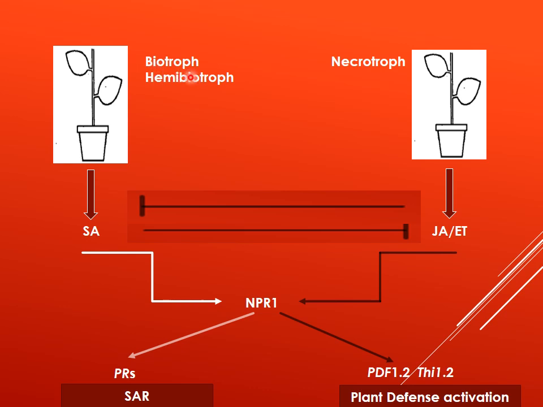As I mentioned, in its life the plant is not only attacked by biotrophs or hemibiotrophs, but also by necrotrophs. So what happens in case of the plants is that, according to which pathogen it is under attack by, it activates the defense system.